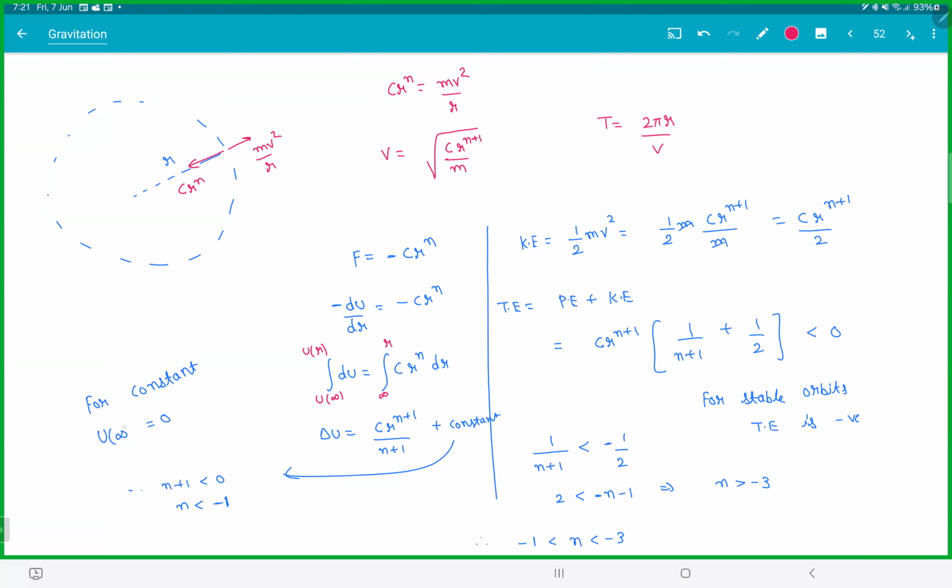So u infinity is 0 at r infinity. Is this clear, everyone? That is the reason why n is greater than -3 but less than -1. Because if you say, you'll get ln and all, then you can only say n is not equal to -1, na? Why can't I have n 0?